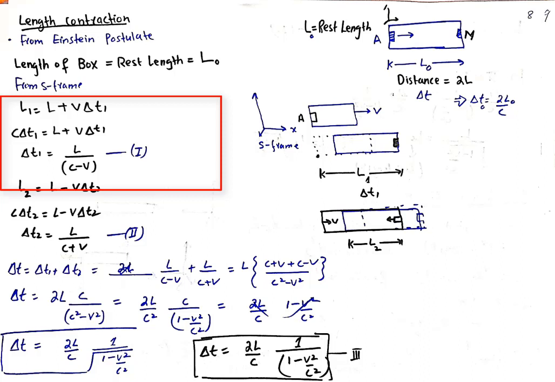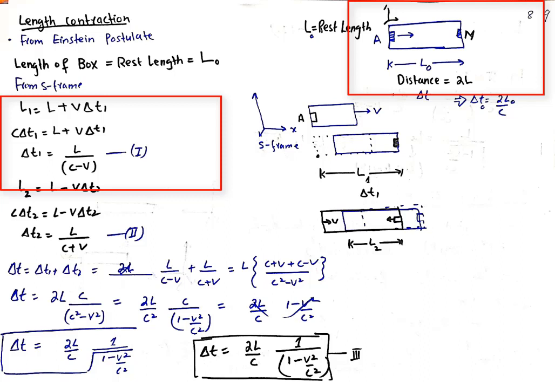L is basically the length of this setup: we have L0 as the rest length, and now I am calling the length of this setup L, and we will check what the relation is between this L and L0. Now I have this equation: L1 is equal to L plus v times delta t1.